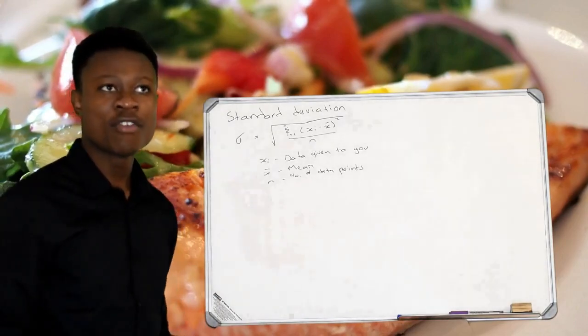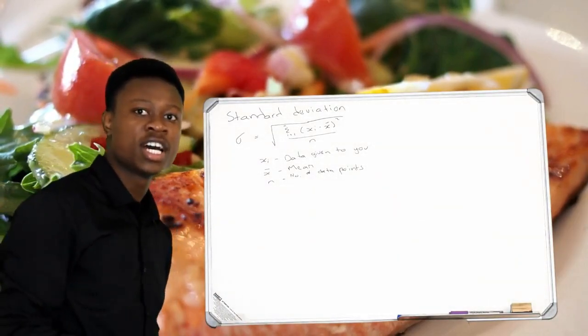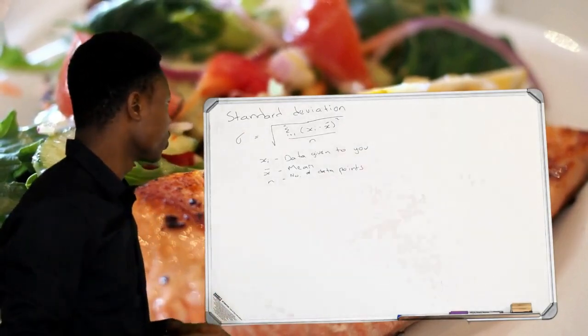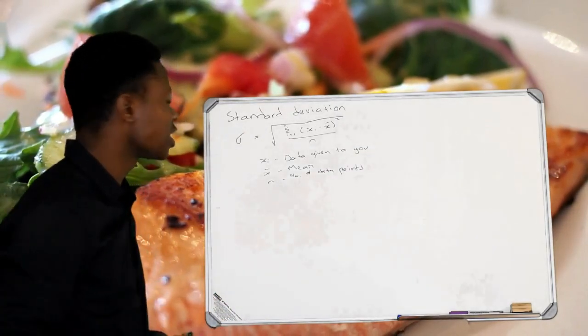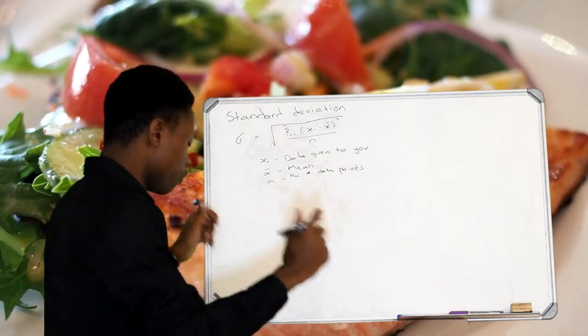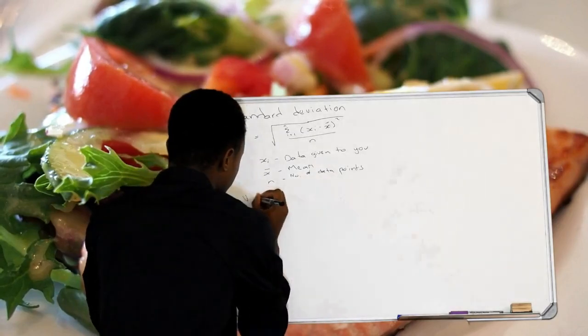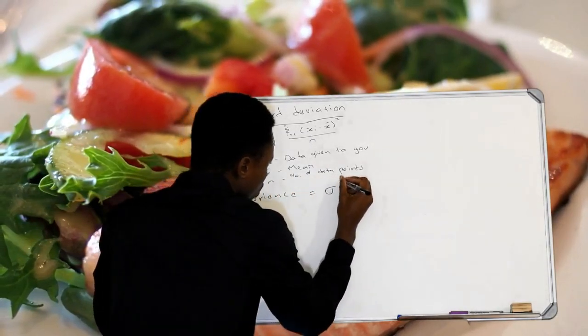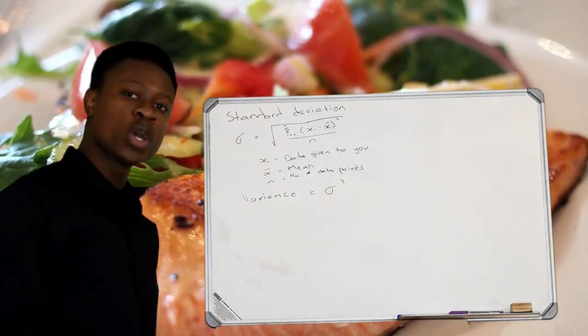If you have a normal Casio calculator, you should be able to use that to get your standard deviation. Another thing that's very similar to standard deviation, and that we can obtain from it, is variance. What is your variance equal to? Variance is equal to standard deviation squared.